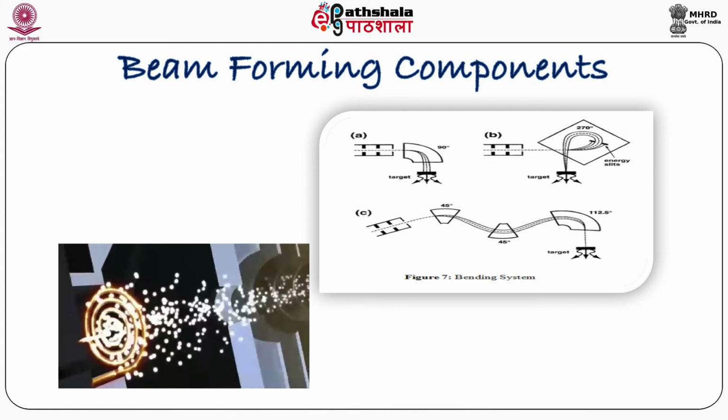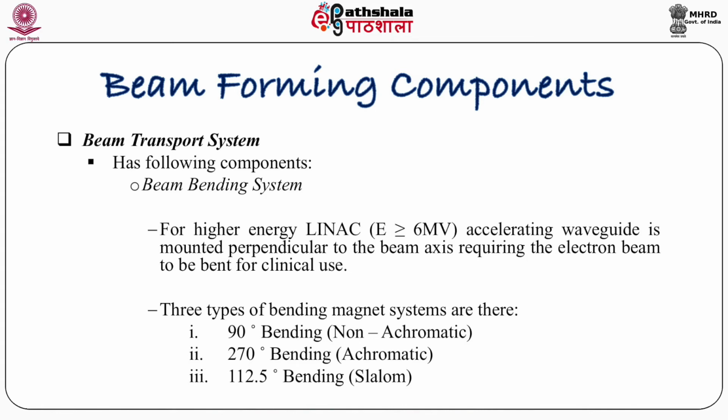Beam transport system has the following components: a beam bending system for high energy LINAC, where the photon energy is 6 MV or more. The accelerating waveguide is mounted perpendicular to the beam axis, requiring the electron beam to be bent for clinical use.